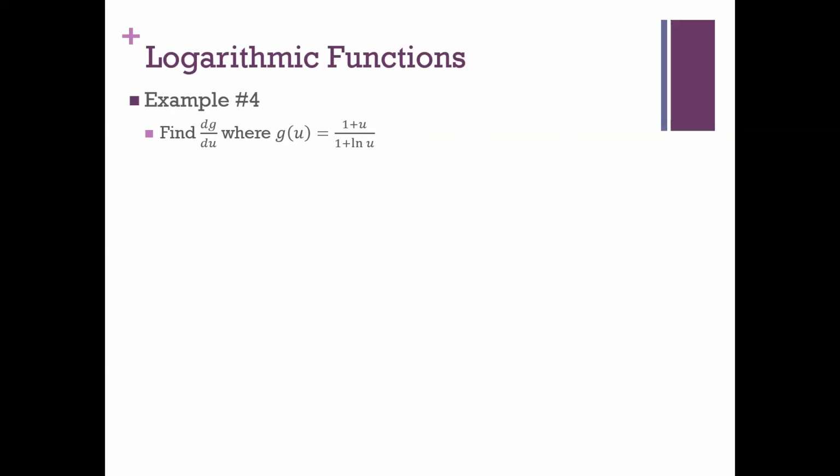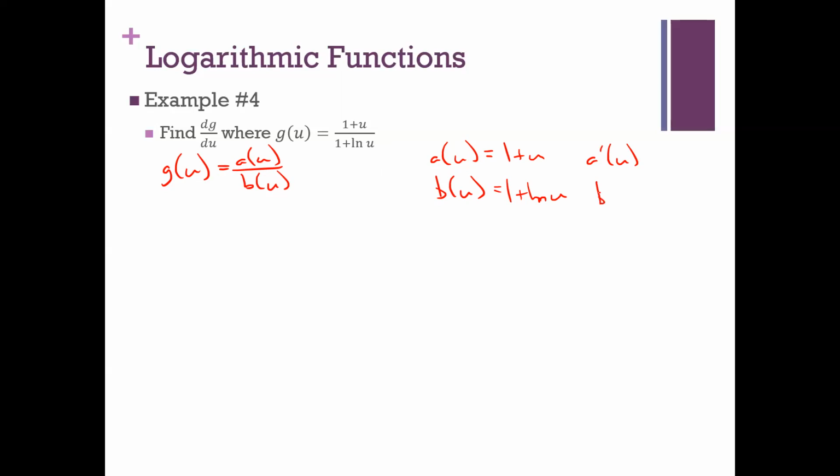So how do we have to handle this one? Quotient rule. Okay, quotient rule. So now we're saying that g of u is equal to, call it, a of u over b of u. If nothing else, the quotient rule is a little simpler to see how to define these things. What is the derivative of a? 1.